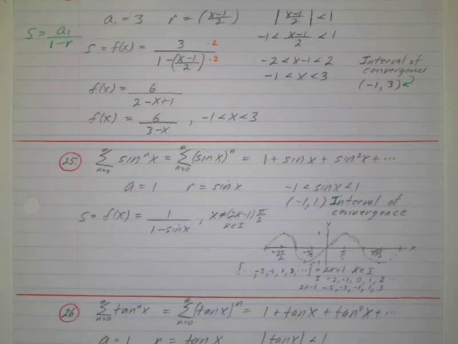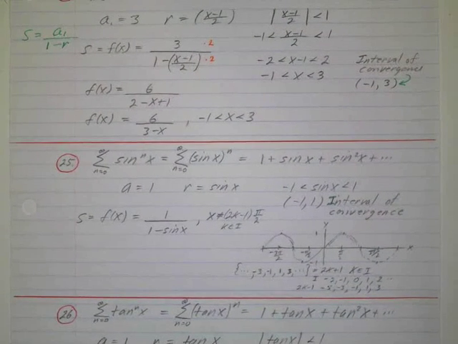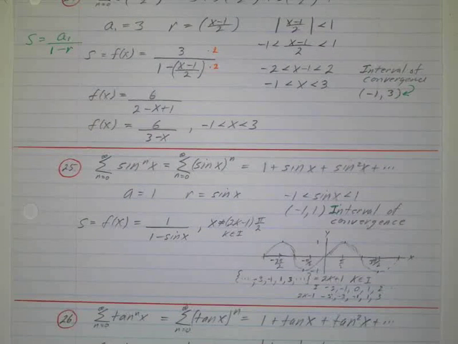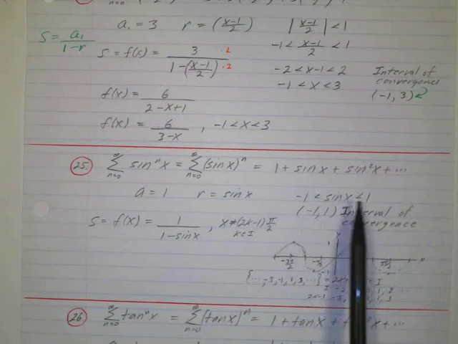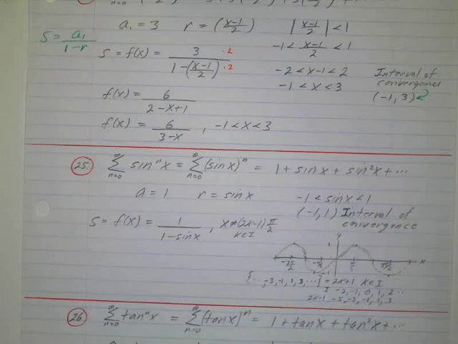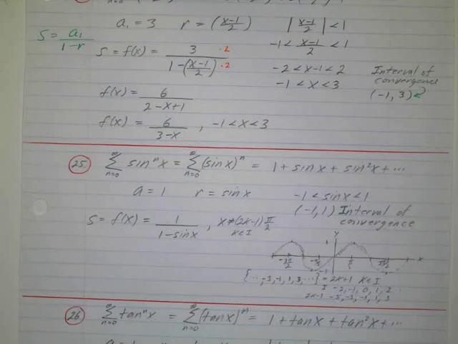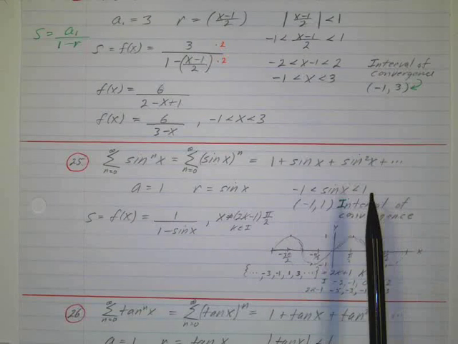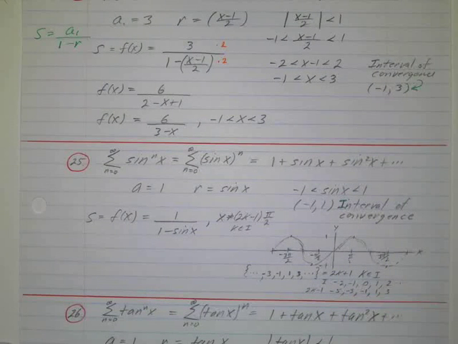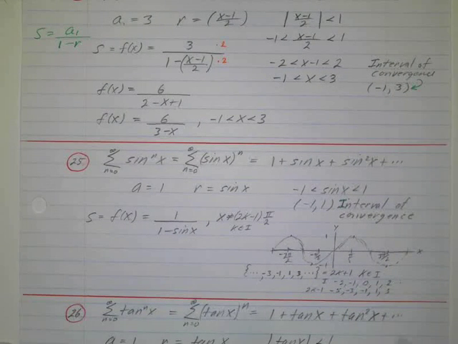So when is this going to be less than 1? We know that the sine of x oscillates between positive 1 and negative 1, although it can be positive 1 or negative 1, and then it's not going to be convergent.